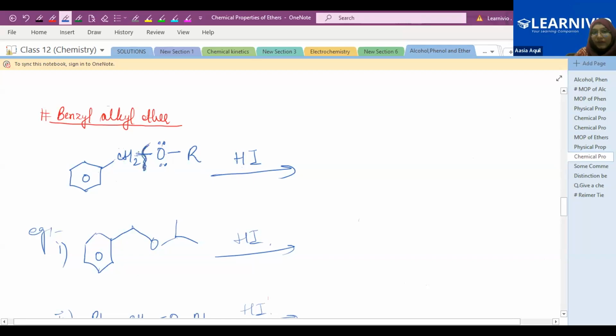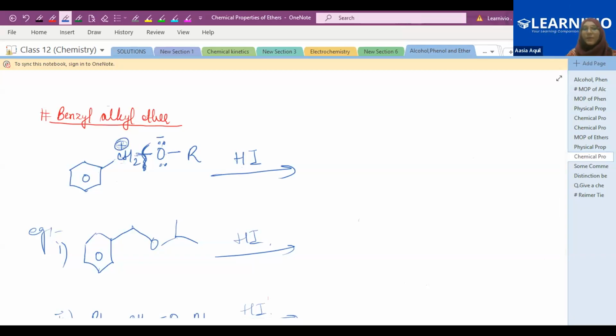You will break this. The oxygen will acquire a partial negative charge and this carbon will acquire a positive charge, because oxygen is more electronegative between this carbon and oxygen. So basically it will form a carbocation, and the benzylic carbocation is very reactive and very stable.